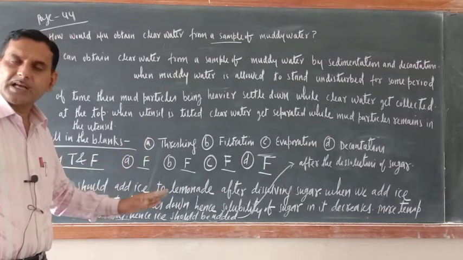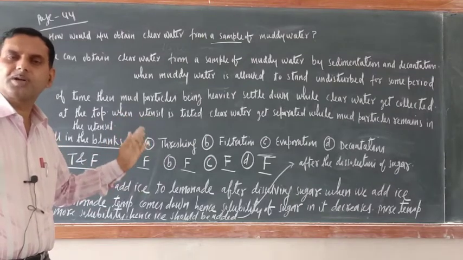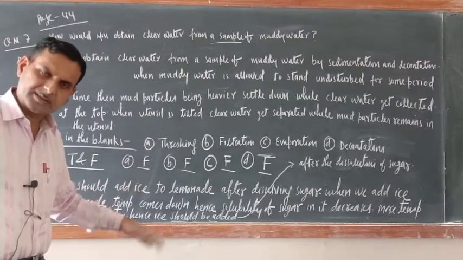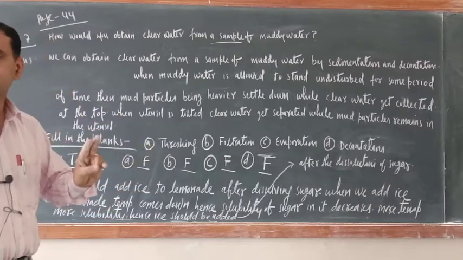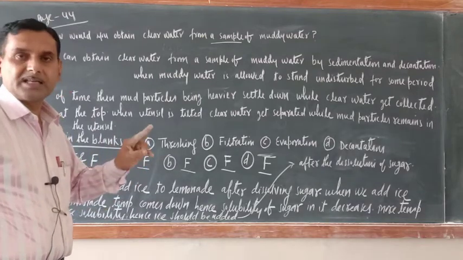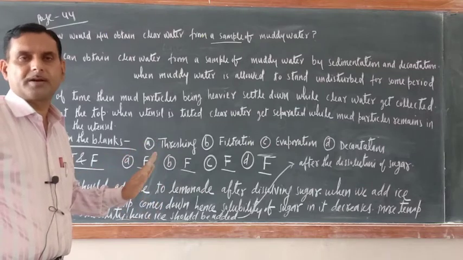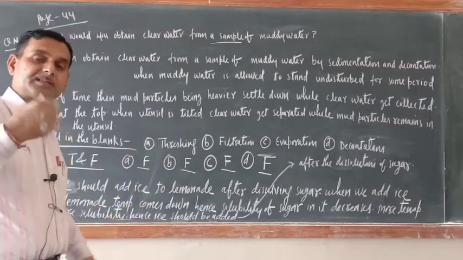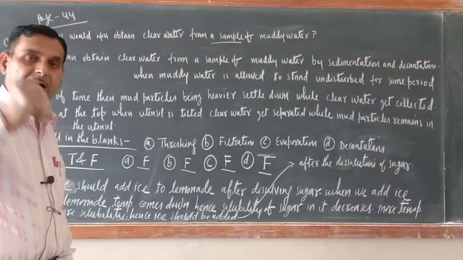So before addition of ice, sufficient amount of sugar should be dissolved, because the more the temperature, the more will be the solubility. In which case will more sugar be in the lemonade? Before the addition of ice.